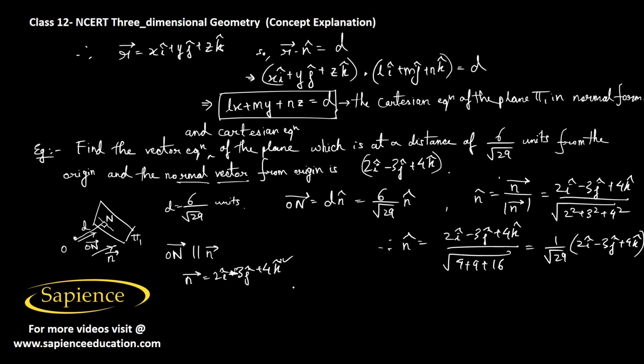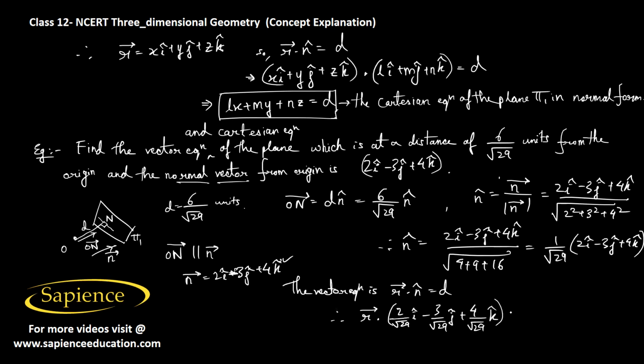Now we know that the vector equation of the plane, the required vector equation, is obviously r vector dot n cap equal to d. So therefore you can say that the equation will be r vector dot, 2 by root 29 i cap minus 3 by root 29 j cap plus 4 by root 29 k cap, that is equal to d, which is 6 by root 29.